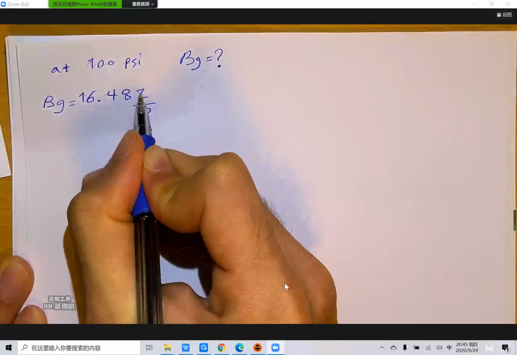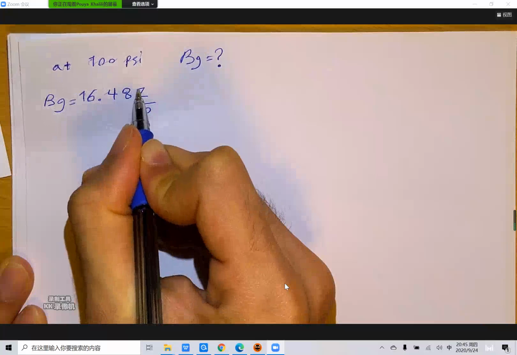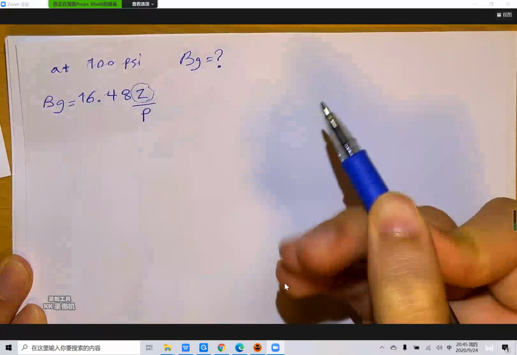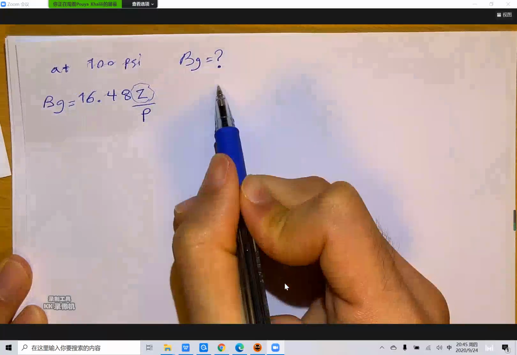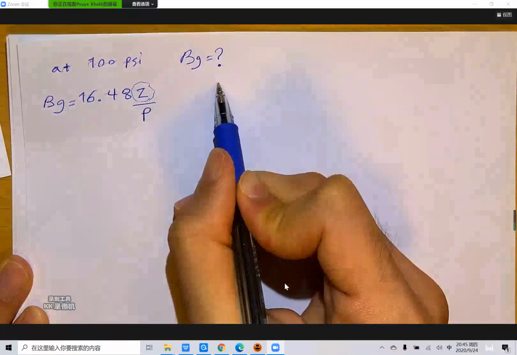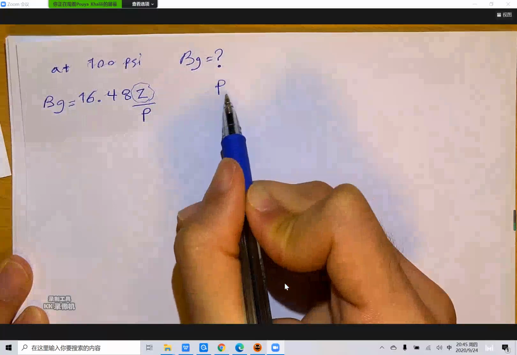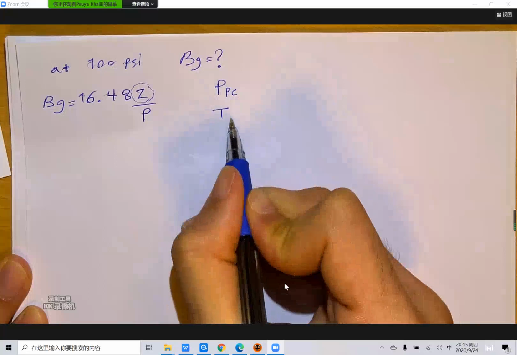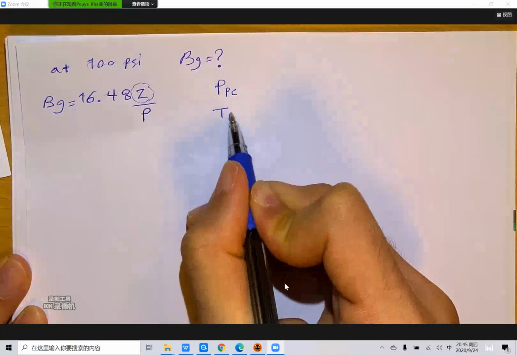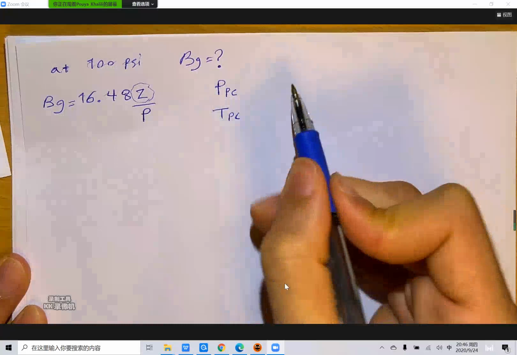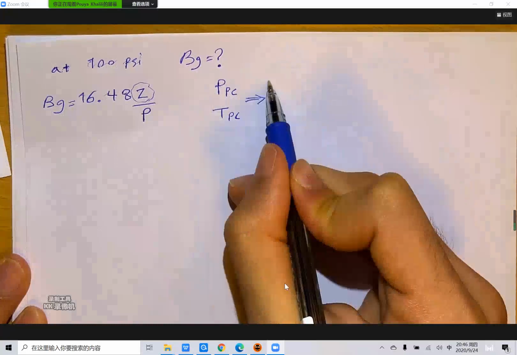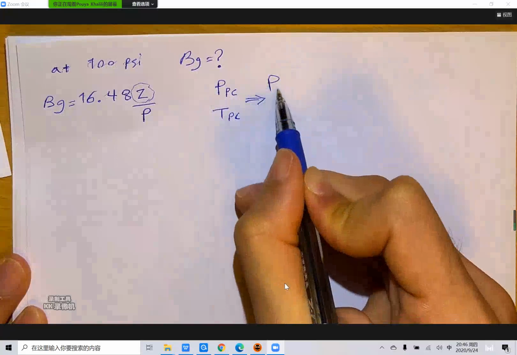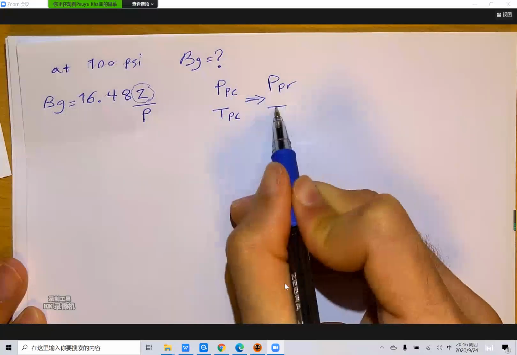This is the compressibility factor. So right now we have found the pseudo-critical pressure and pseudo-critical temperature. Now we have to find the pseudo-reduced pressure and the pseudo-reduced temperature.